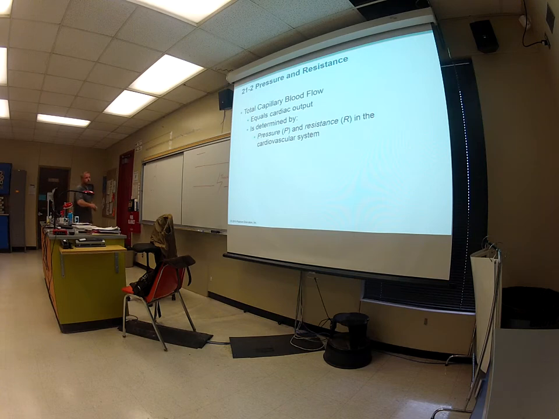This small one, in length, has less resistance. This, in diameter, has more resistance. If you have a short and a huge vessel, you have almost no resistance whatsoever. And so it is no surprise that the pulmonary trunk is short and huge.